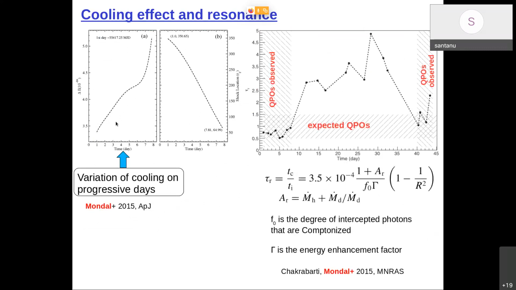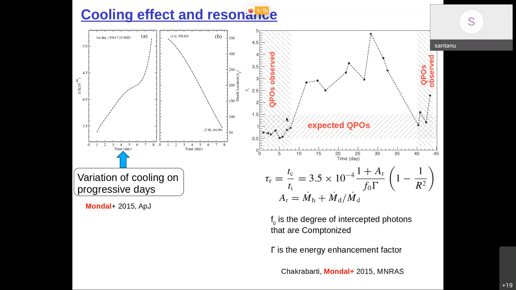So we estimated cooling for H1743-322, that black hole candidate, and we see that in observation from day 1 to day 8 cooling increased and the size of the corona decreased. From those fitted results and from our simulated results, we compared the observed and theoretical QPOs.